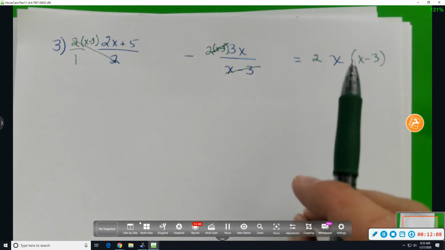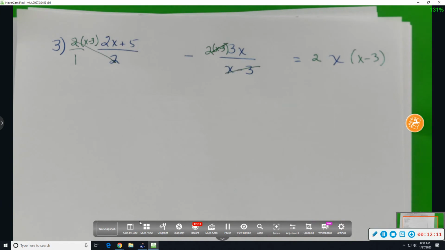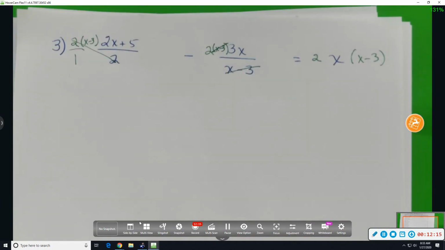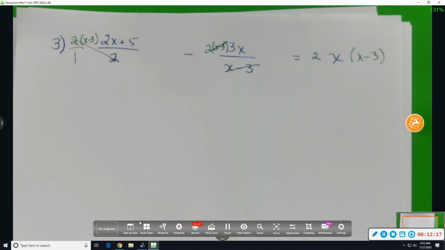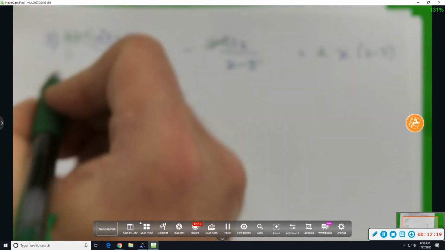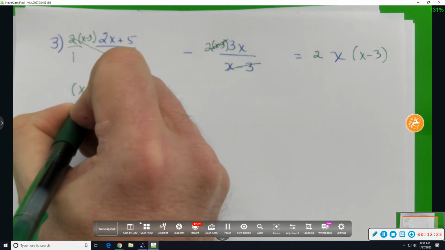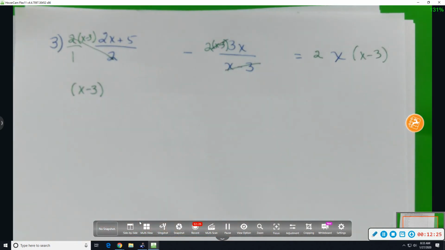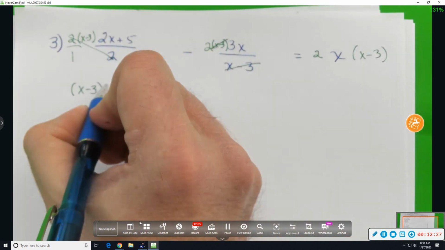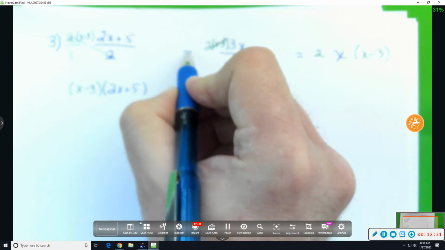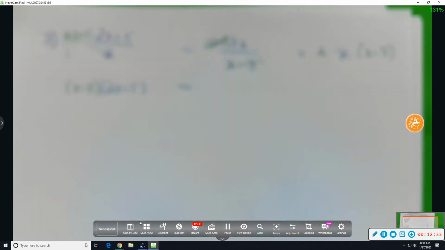So if you have two completely different denominators, just multiply straight through by those denominators. I'm now going to write out what's remaining. I'll stick with the color. Just right here on this fraction, we have the green x minus 3 times the blue 2x plus 5. Then this minus.